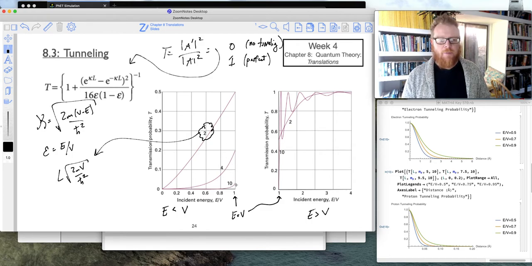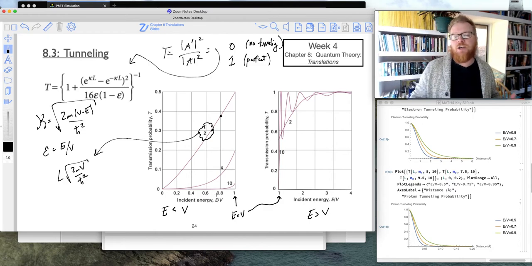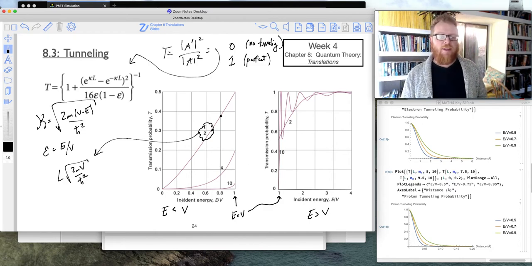decreases, if I pick a point like, let's say, right here for the same constant incident energy, right? Let's suppose the incident energy is 80% of the potential, okay? So if the potential energy was 10 electron volts, the incident or kinetic energy would be 8 electron volts, right?